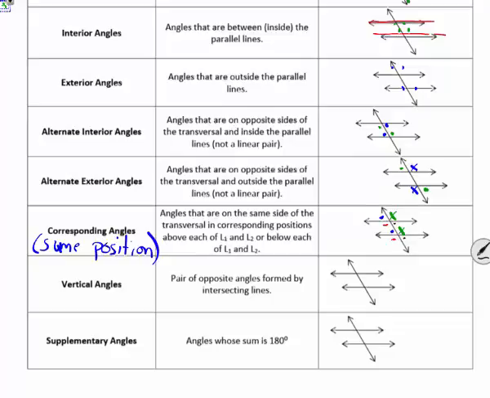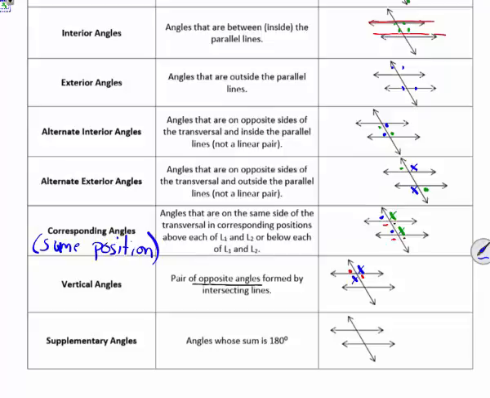All right, vertical angles, we talked about those last year. Vertical angles are opposite angles formed by intersecting lines. Right, so they're kind of diagonal from each other. So I could have, for example, this one is vertical to this. I could have this vertical to this.